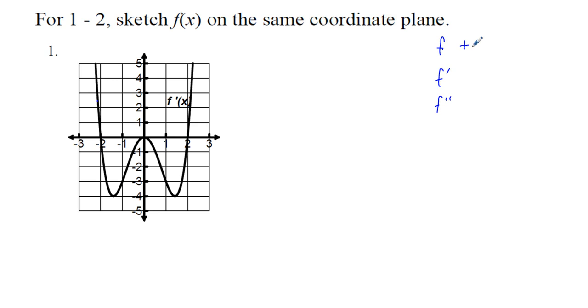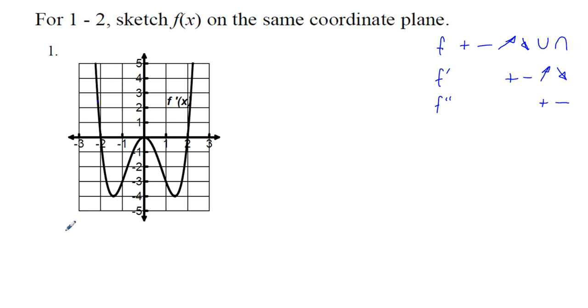We look at plus, minus, increasing, decreasing, and concave up, concave down. f prime is going to be plus where f is increasing, minus or negative where f is decreasing, and then I'm going to put the arrows up and down here. And finally, for f double prime, we're going to put the plus sign below where there's a concave up curve and a minus sign below where there's a concave down. So that's the relationship we're going to look for.